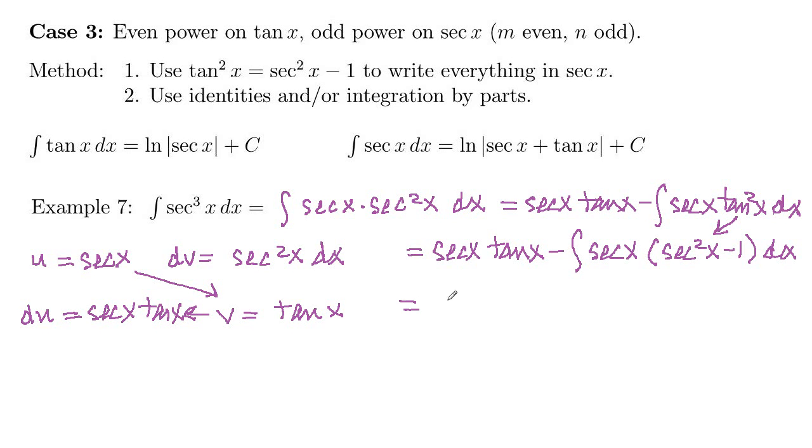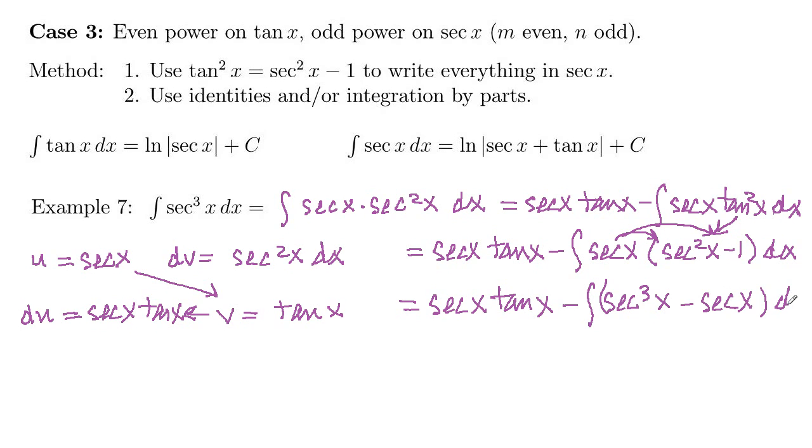So this will now be secant x tan x, and then minus, let's multiply this in. So this will be the integral of secant cubed x minus secant x dx. And then we can take the integral of each piece there.